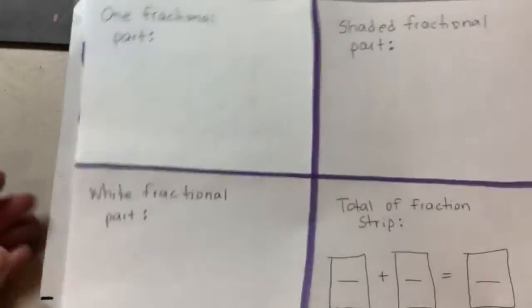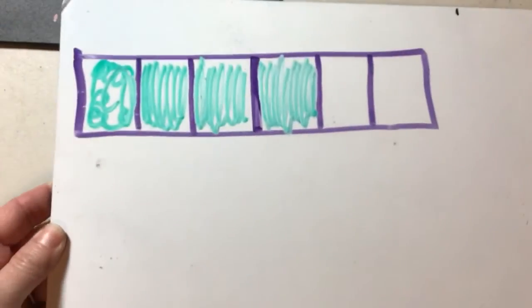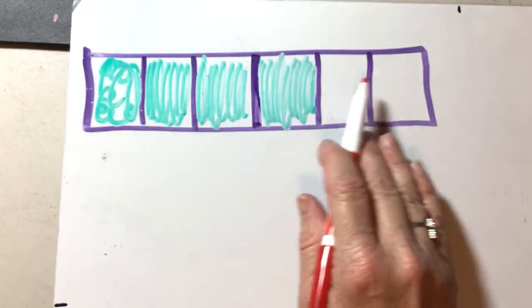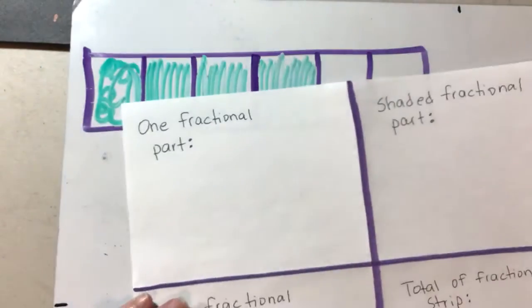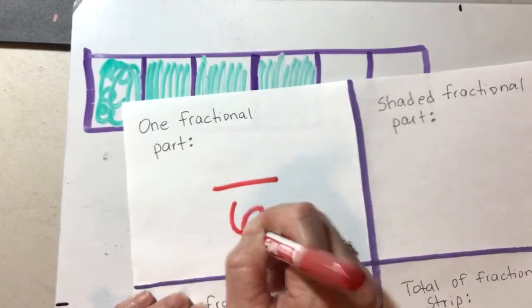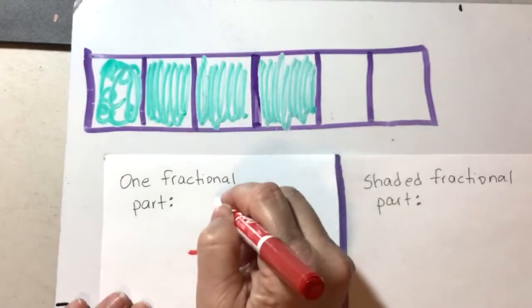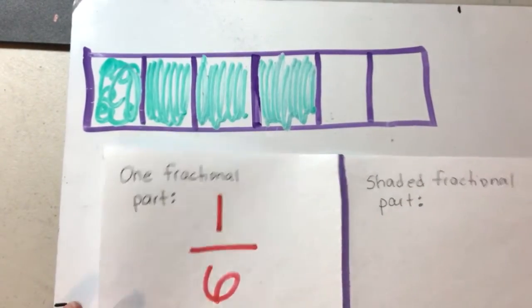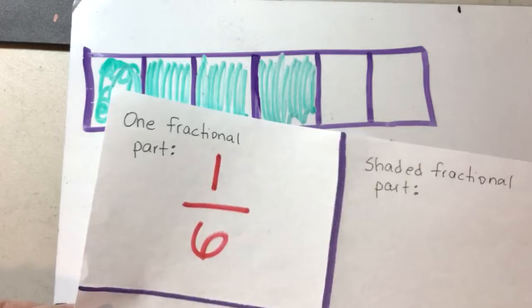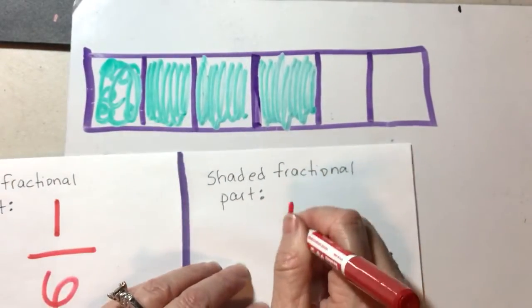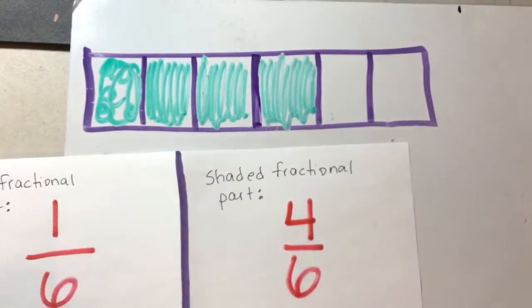All right, so you should be done with this. In looking here, if you were going to write down what one fractional part is, we've got 1, 2, 3, 4, 5, 6 of them total, which means our denominator has to be 6. And just one fractional part would be 1/6. The shaded part, there's 1, 2, 3, there's 4/6 shaded.